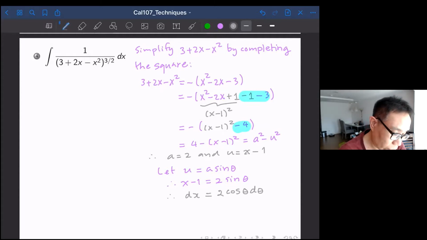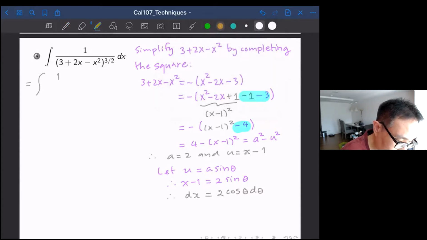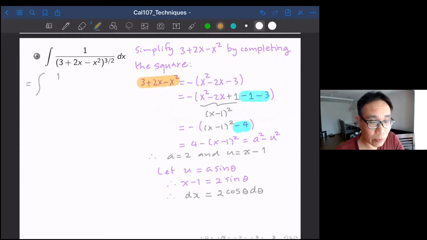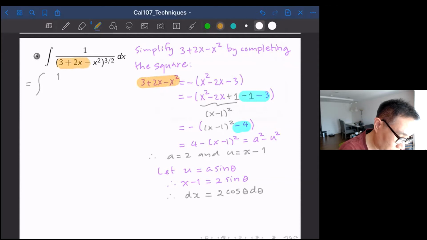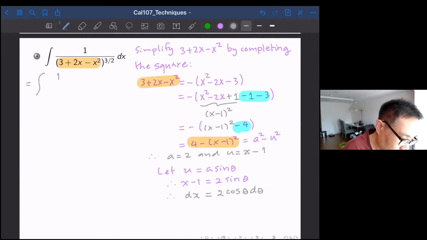The numerator changes to 1, and the term I'm going to highlight in orange, 3 plus 2x minus x squared, turns out to be 4 minus (x minus 1) squared. That will be my bottom.